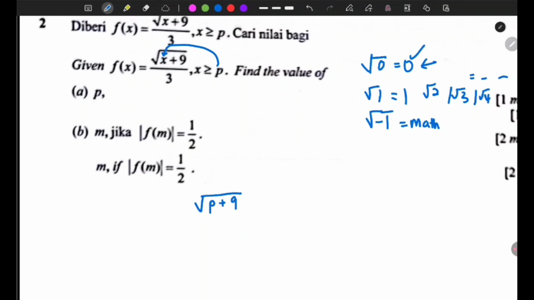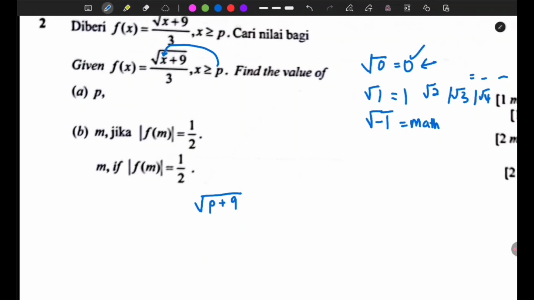But when you put a negative number, maybe negative 2, negative 3, any negative number, you will get a math error. If you get a math error, how are you going to solve the function? Remember your function, I told you that you cannot have a math error. If you have a math error, then you cannot solve a function or equation.